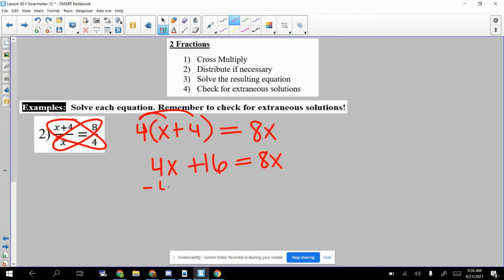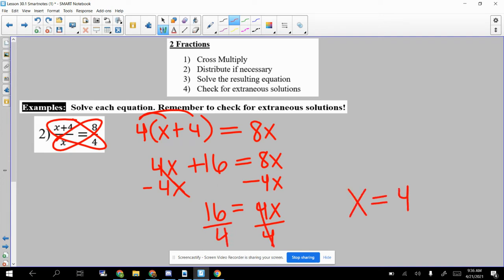I'm going to go ahead and subtract this 4x over. And I'm left with 16 equals 4x. I'm going to divide by 4 on both sides. And I'm left with 16 divided by 4 is 4. So I'm left with x equals 4. So now, again, if I plug that in, 4 plus 4 is 8 over 4. 8 over 4 equals 8 over 4.